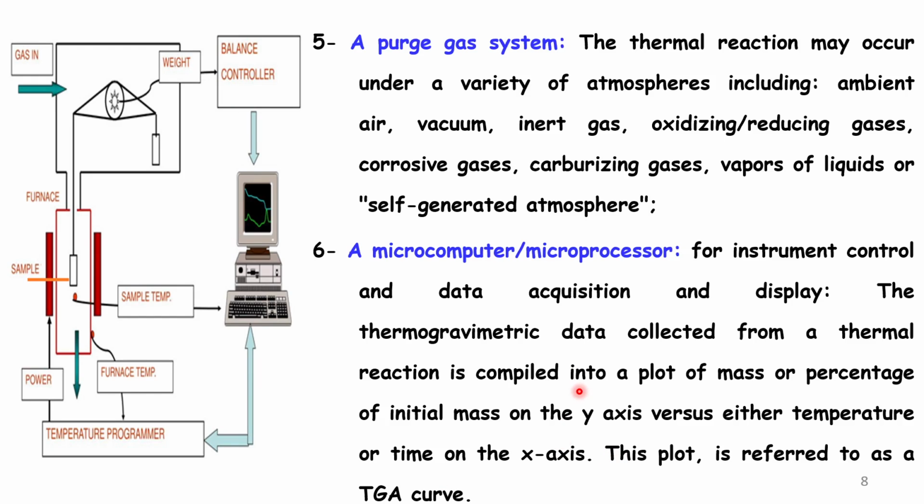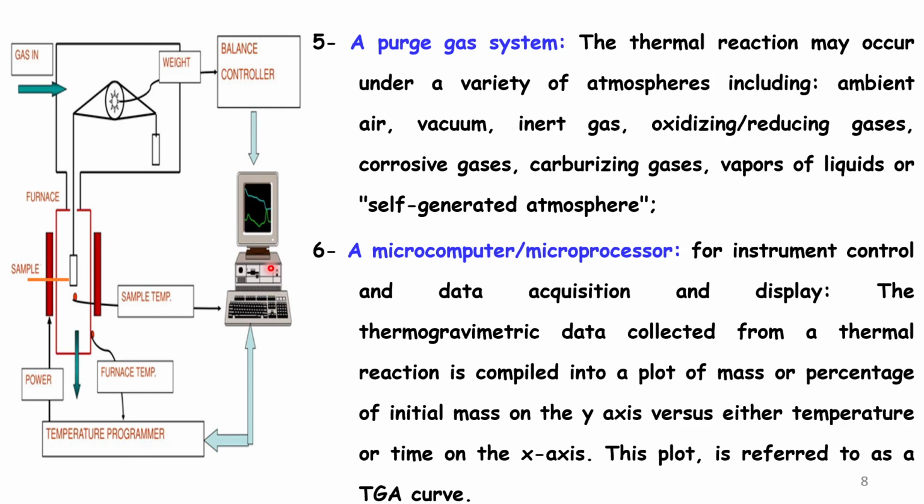The thermogravimetric data collected from the thermal reactions is compiled into a plot of the mass or the percentage of the initial mass on the y-axis versus either temperature or the time on the x-axis. The microprocessor is connected to the balance and also to the temperature controller.